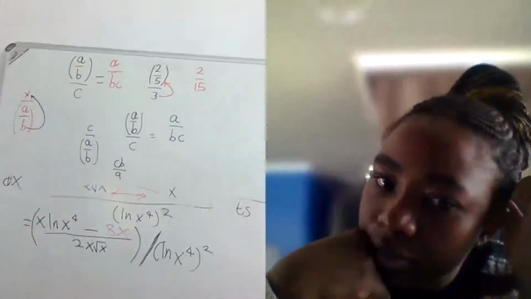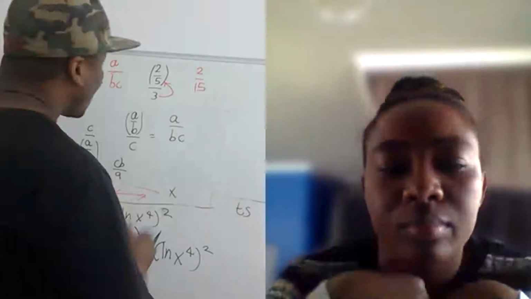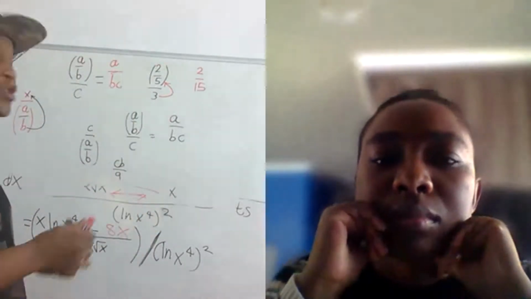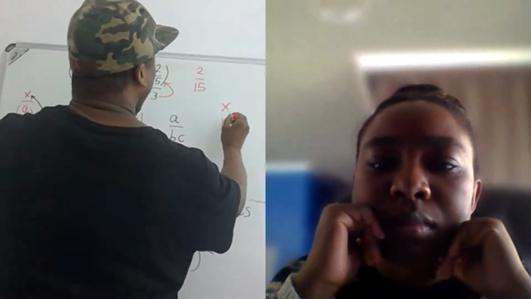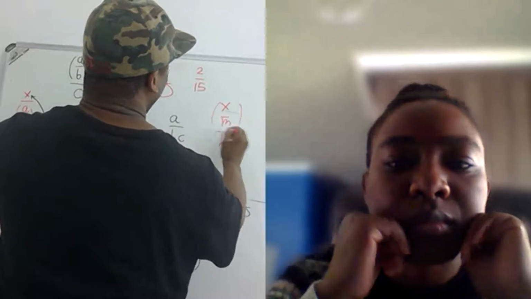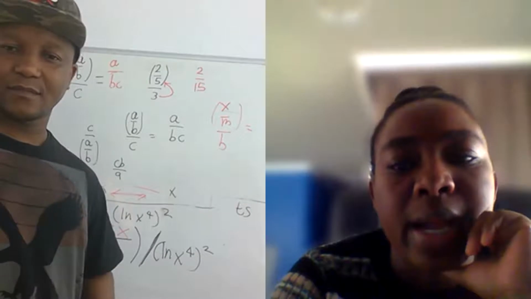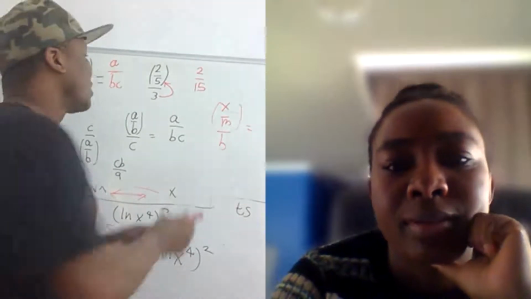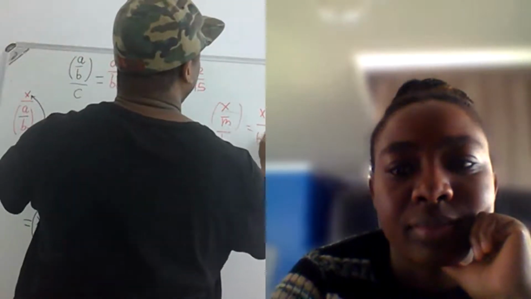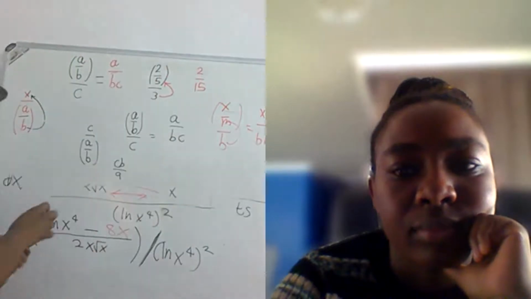Okay, cool. Let's go. So now you know the game, right? It's easy. All you need to remember, for example, somebody gives me x over m b. How will this become? X over BM. Because it's one. Okay, now let's flip.